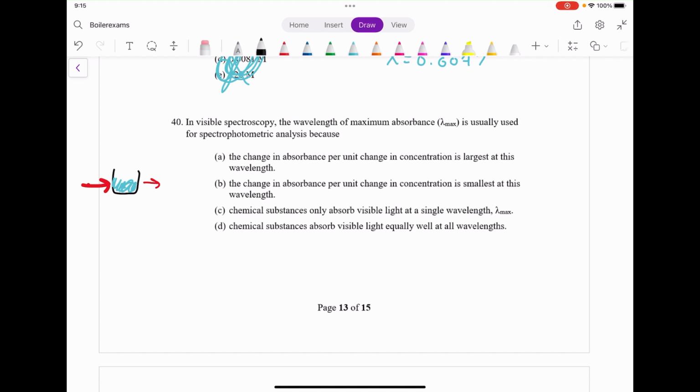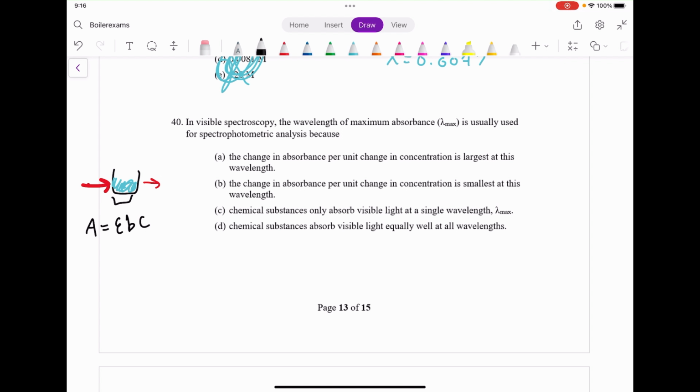And this is a useful phenomenon for us because we know that the amount absorbed is going to be proportional to three things: the molar absorptivity, which I'll explain in a second, the length, which is just how long this is. Obviously, as you can imagine, if there's more solution in the way, it'll absorb more. And then the concentration.